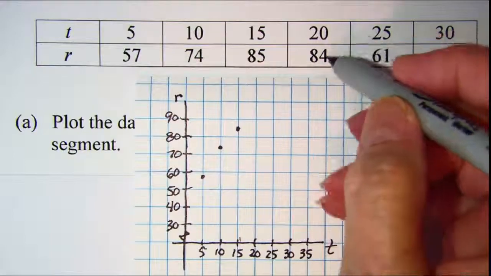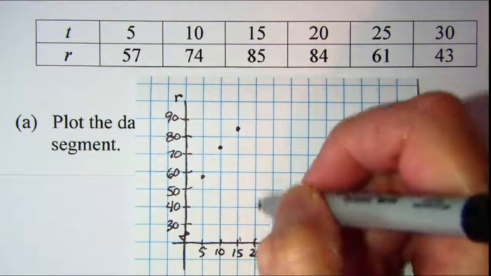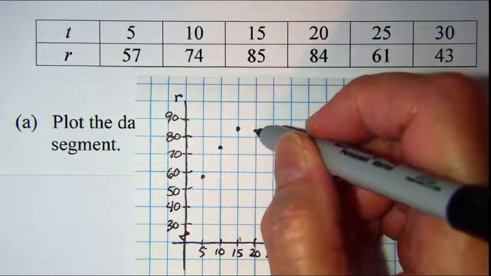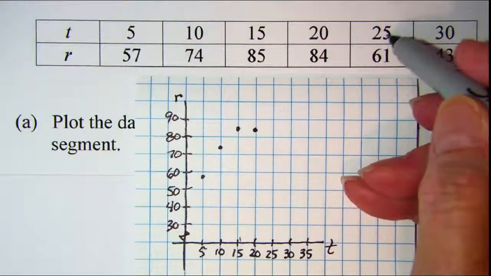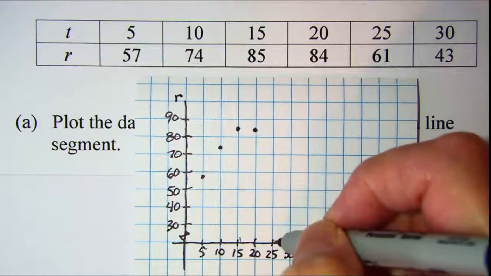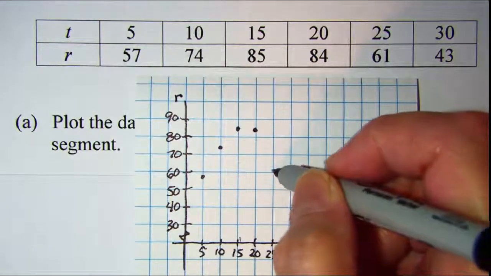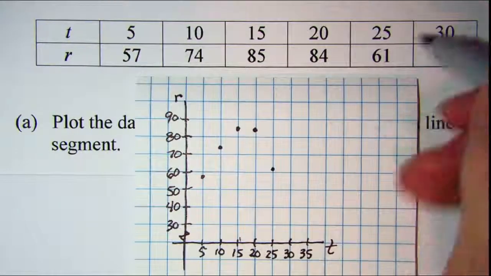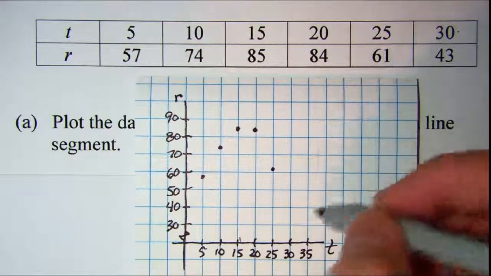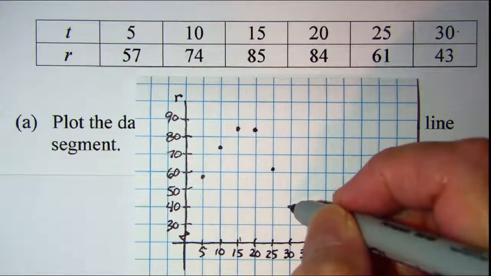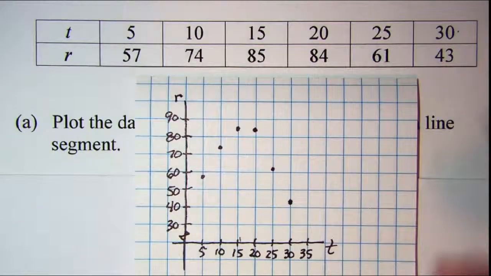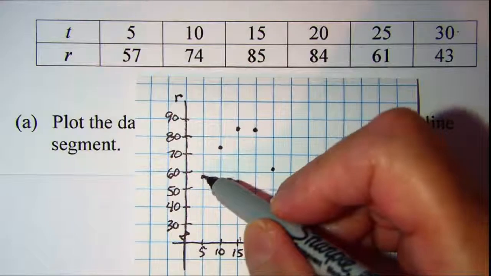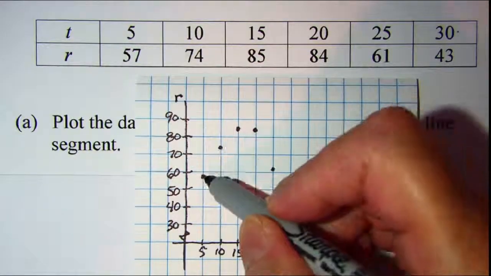At 20, we have 84, so just a little bit below the previous one. At 25, we had a rate of 61, and then at 30, we had a rate of 43. Just a little bit below halfway. And then they wanted us to connect those with line segments.